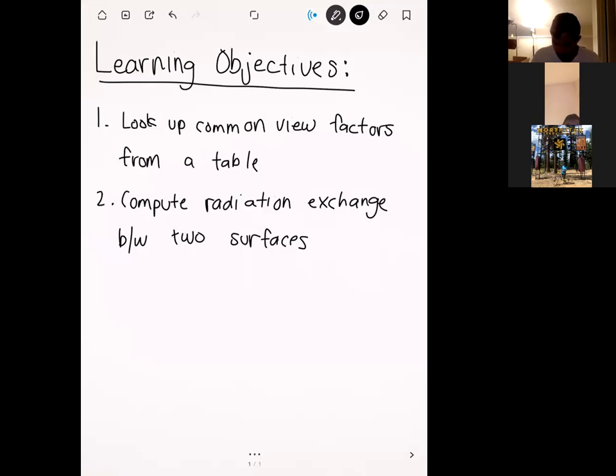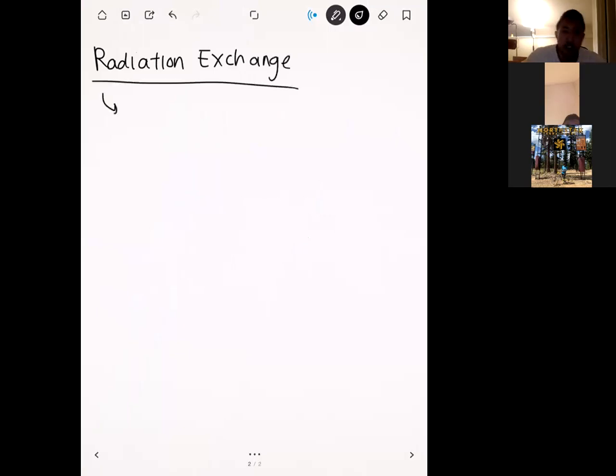All right. We're in the middle of talking about radiation exchange. This is basically the exchange of heat between two different surfaces via radiation.